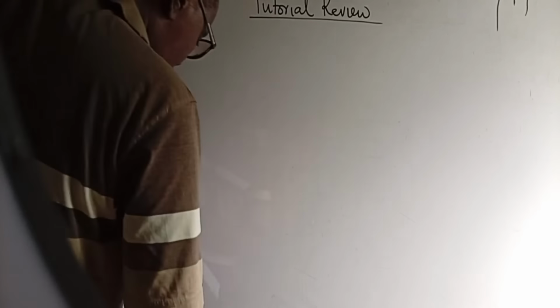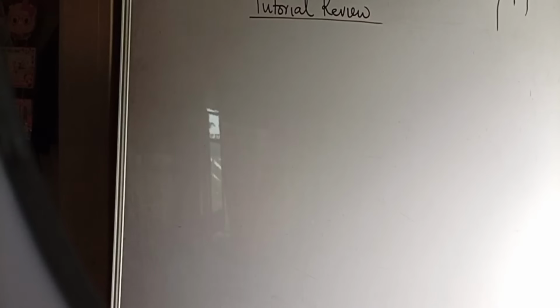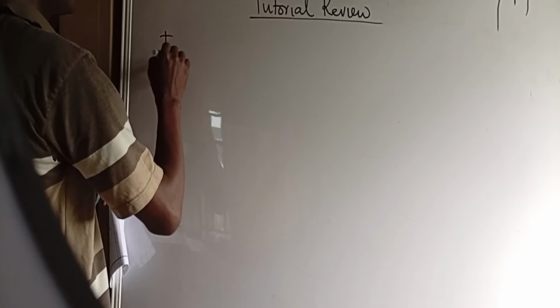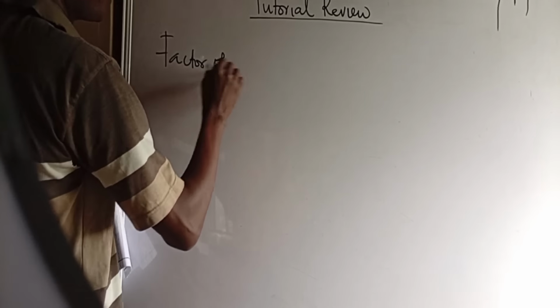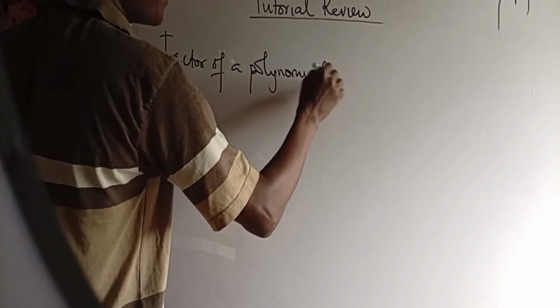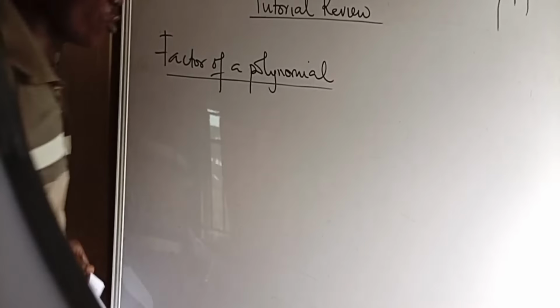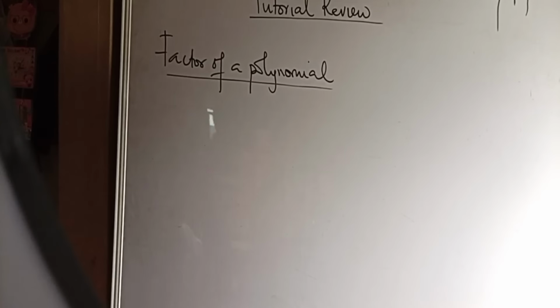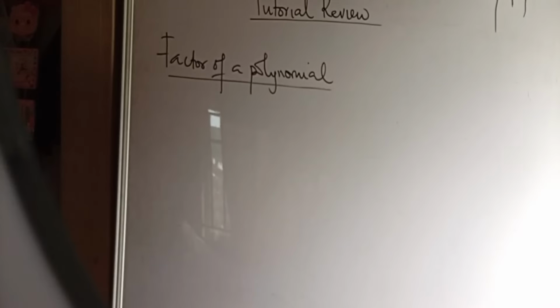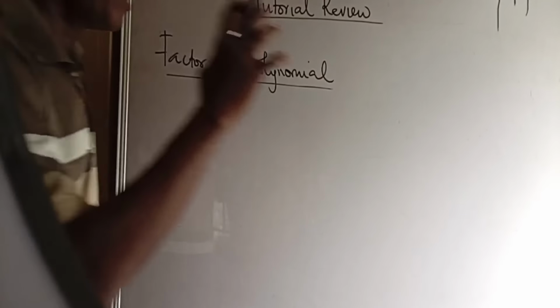Now, let's start with what we call factor of a polynomial. What do we mean by factor of a polynomial? An expression is said to be a factor of a polynomial if the root of that expression will give 0 in the polynomial.